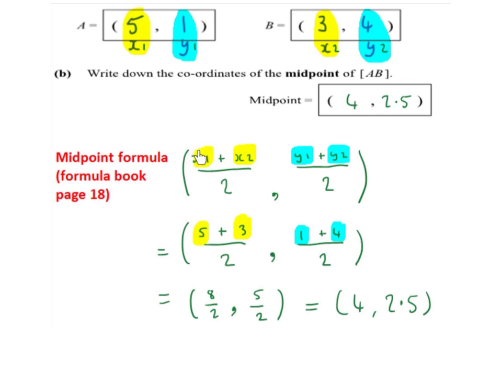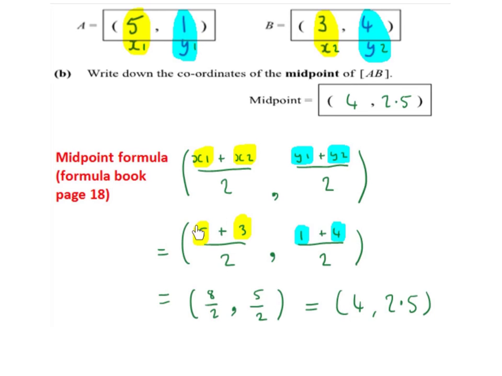So we swap the x1 for 5 because we labelled the 5 as x1 here. And we swap the x2 for 3 because we labelled the 3 as x2 here. And then we swap the y1 for 1 because we labelled 1 as y1 up here. And we swap the y2 for 4 because we labelled the 4 as y2 up here.